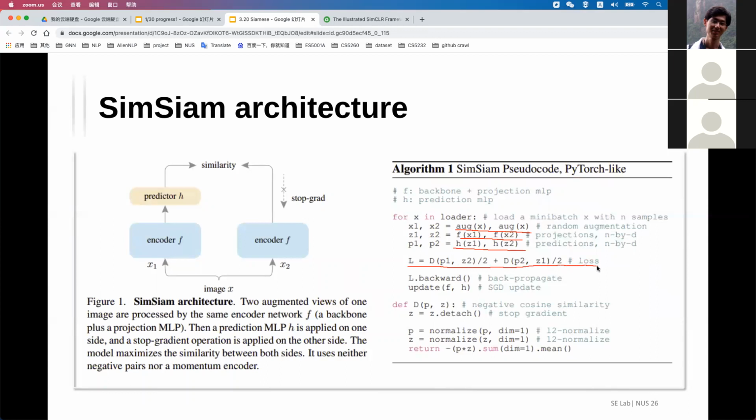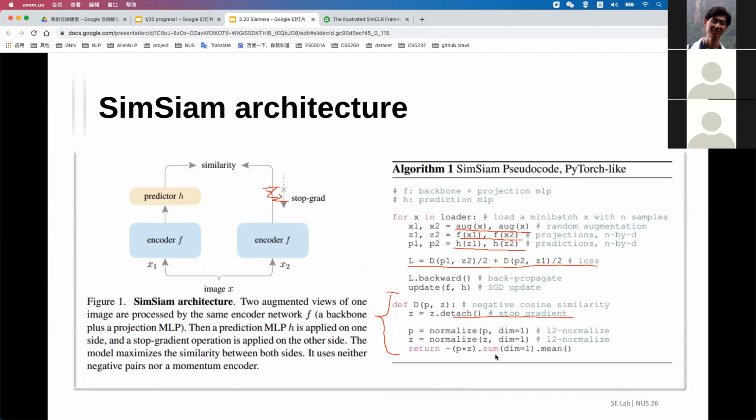Here is a bit different because this is how to compute the loss. Here he first stops the gradient. That means here is the Z2. Z2 has no gradient. Let me see. Let's skip the specific architecture.